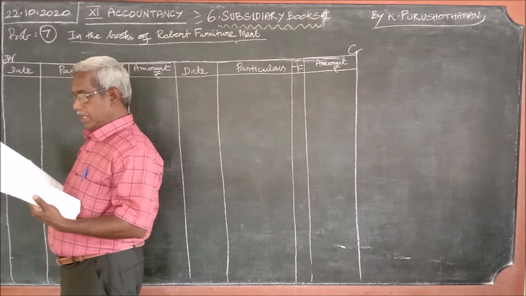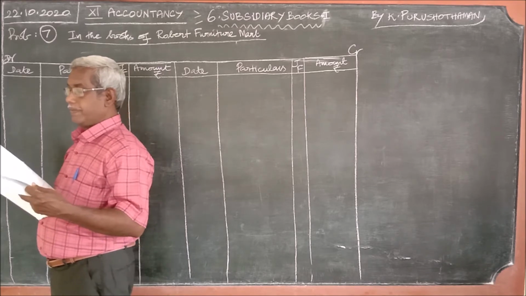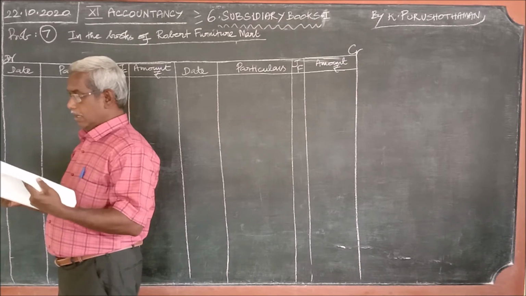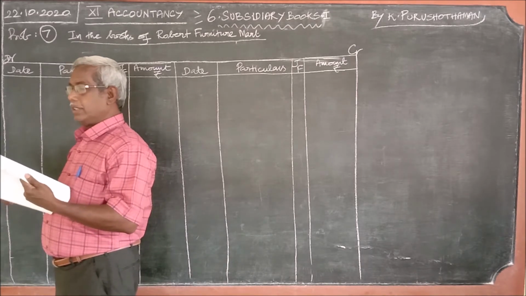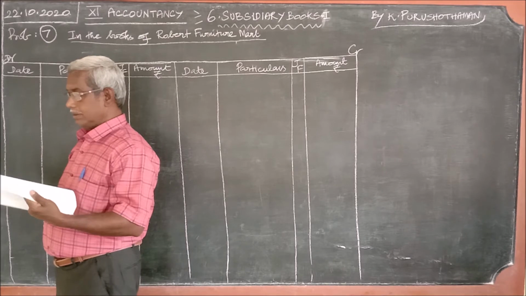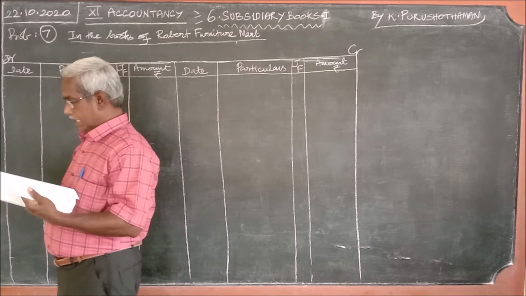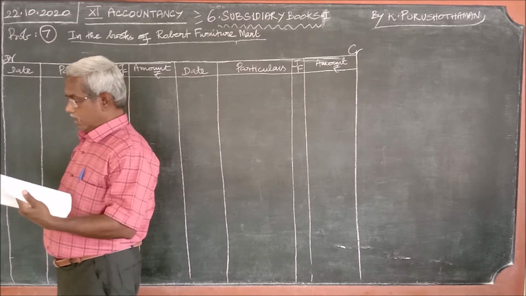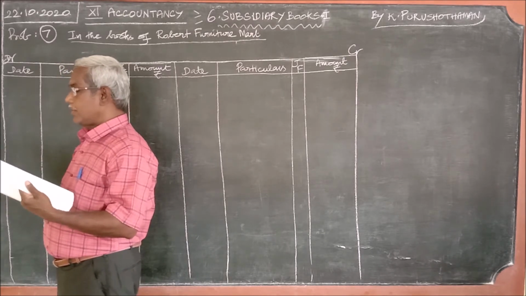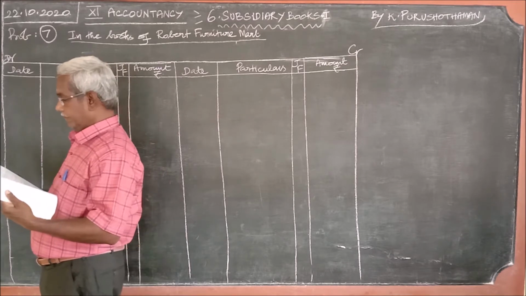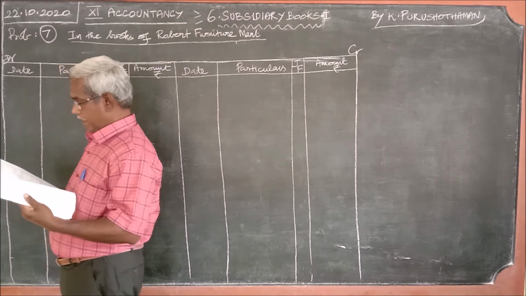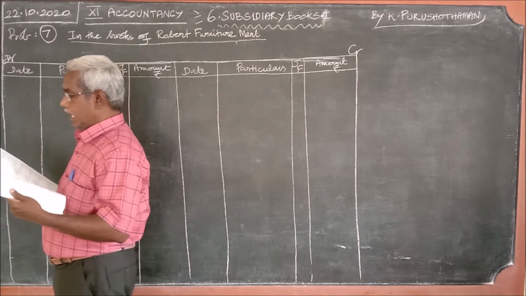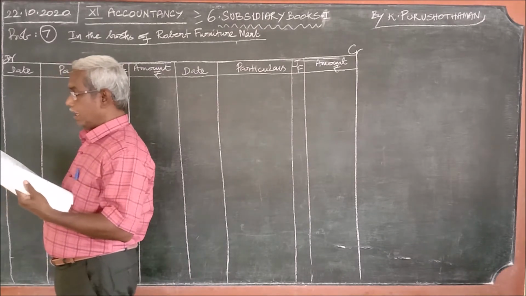How to pass entries for all this is what we should learn, whether the entire things are passed in the ledger or we shall use separate ones for purchases and purchases return.